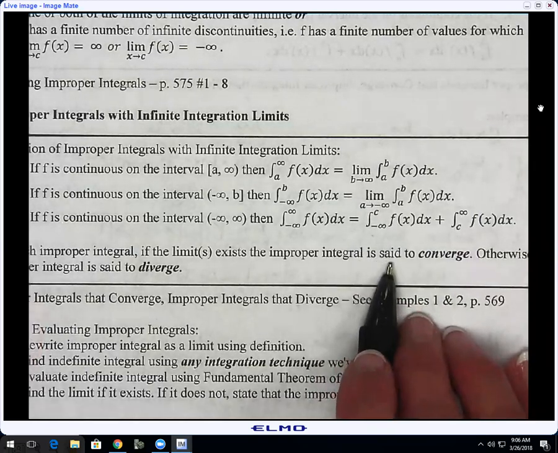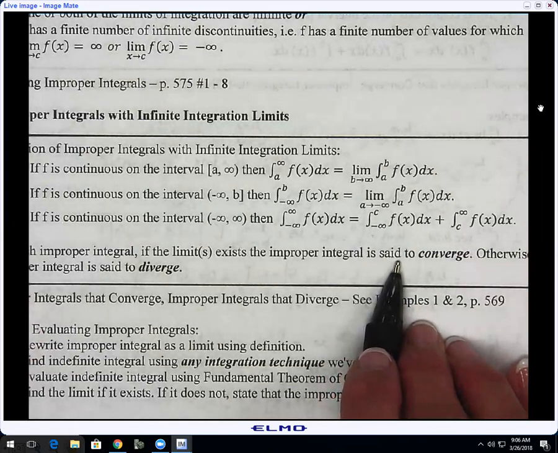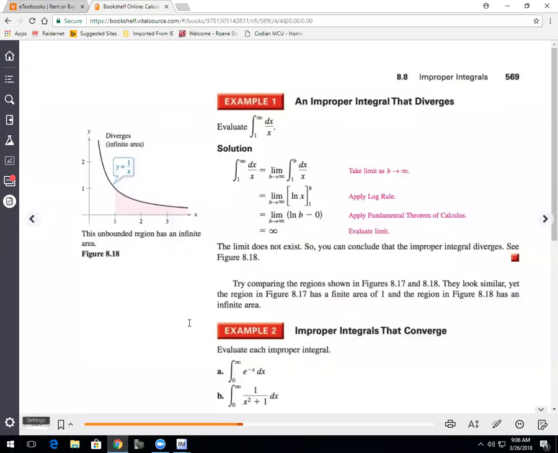If those limits exist, the integral is said to converge. If any of those limits fail to exist, we say the integral diverges. And just a thing that will kind of blow your mind today, blows mine, maybe not yours.